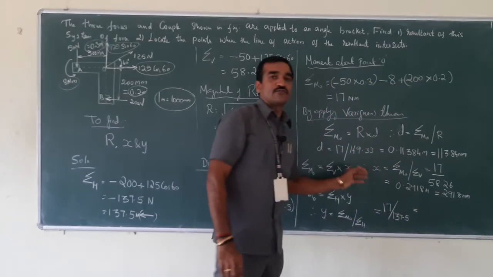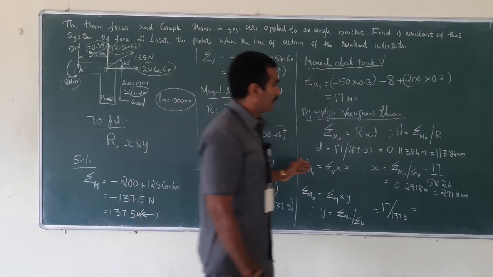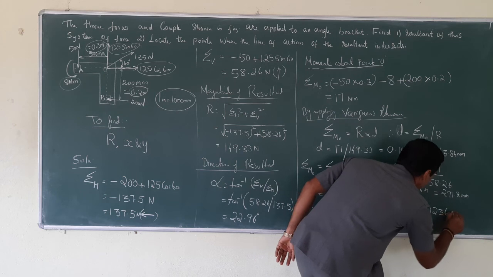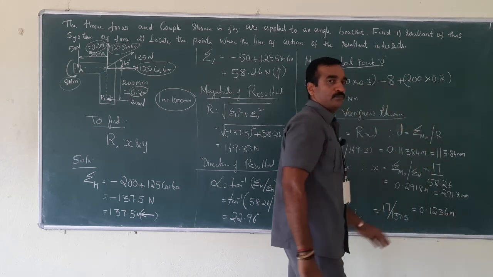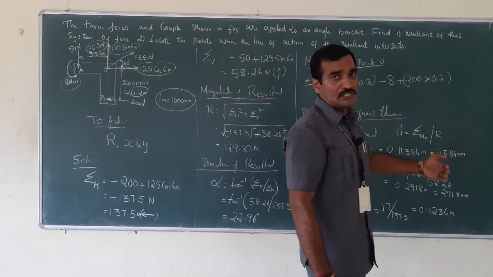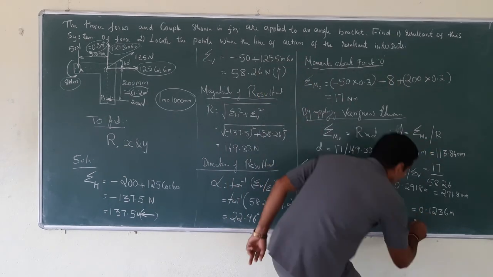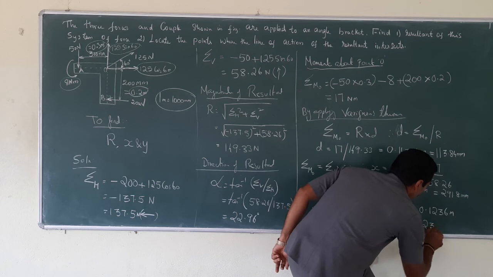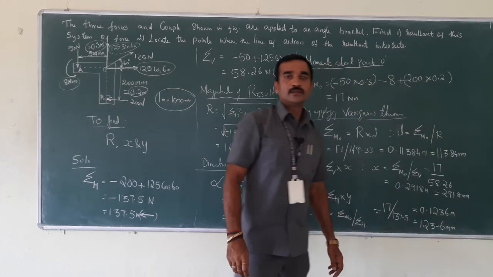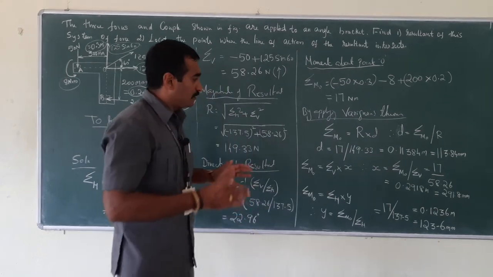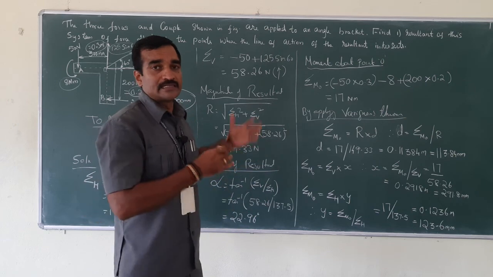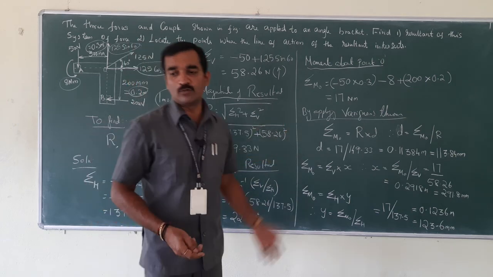If you feed this value in your calculator, you will get roughly 0.1236 meter. In order to convert that into mm, you will have to multiply. If you do so, you will get 123.6 mm. Right? Finally, I have arrived at the values of the resultant and its direction and the coordinates x and y.